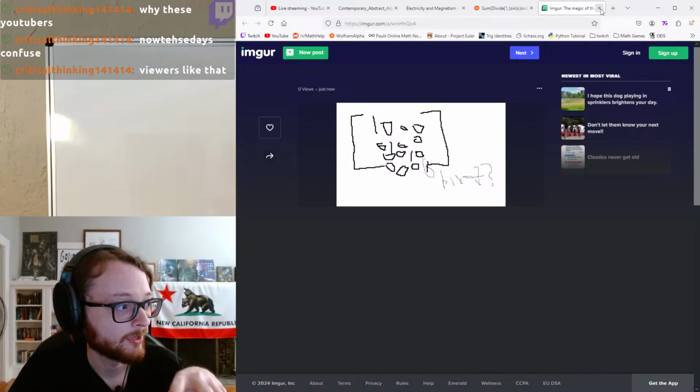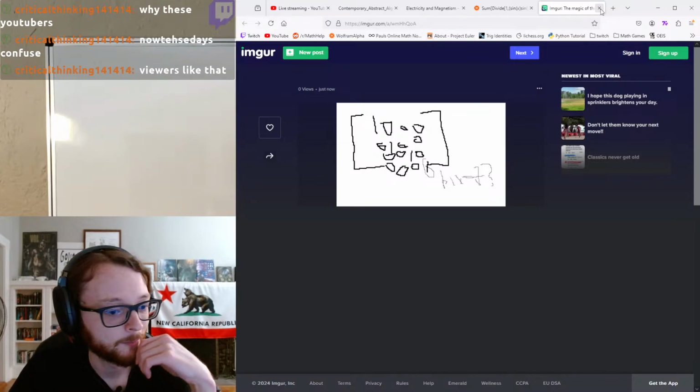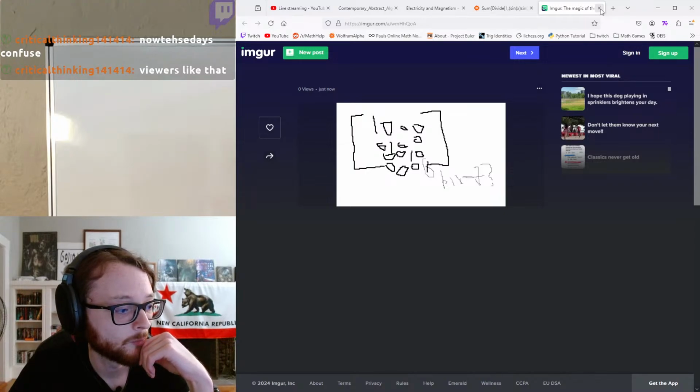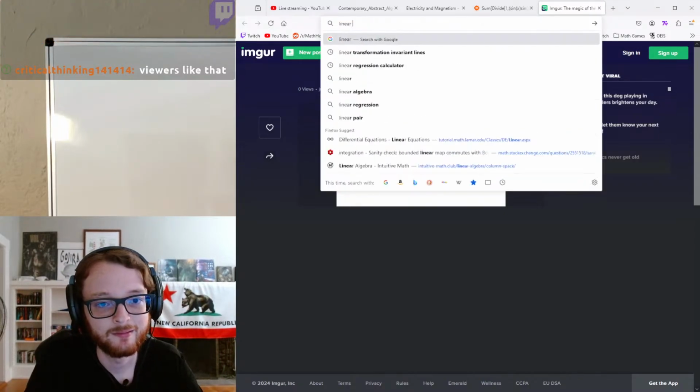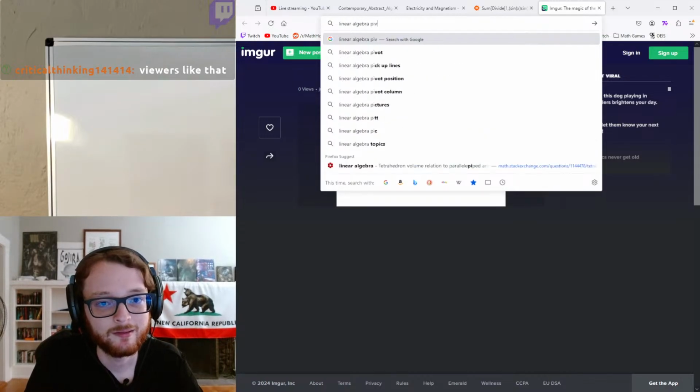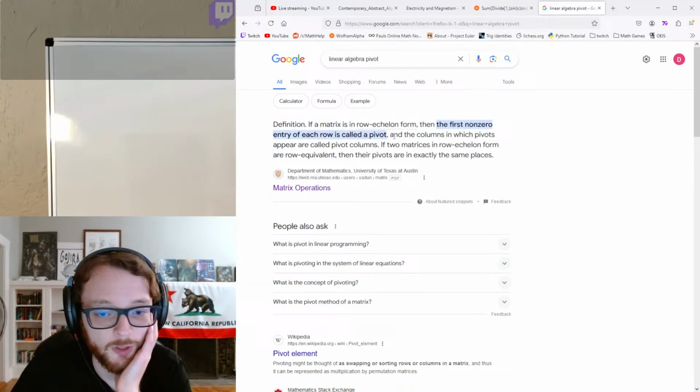But there's a different context if that wasn't an augmented matrix where that would be a pivot, which, I mean, it could be some weird technicality we can still call it a pivot.